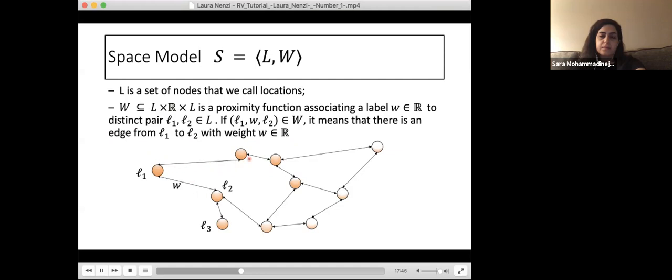This is the same as saying that there is an arrow going from L1 to L2 and another arrow going from L2 to L1, and both have a label equal to W. But usually when you write (L1, W, L2) it means that there is an edge going from L1 to L2 with weight W.